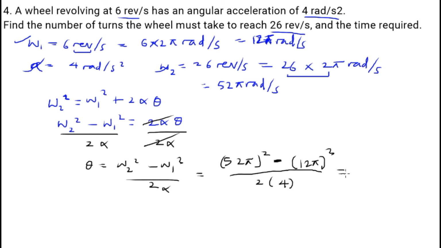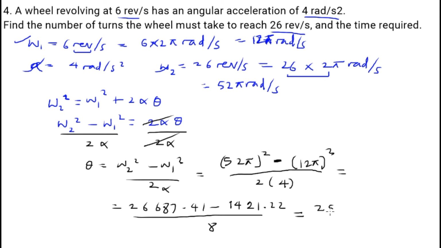So 52 pi squared is 26687.41, minus 12 pi squared, that's 1421.22, all divided by 8. So the difference is 25266.1903 upon 8.